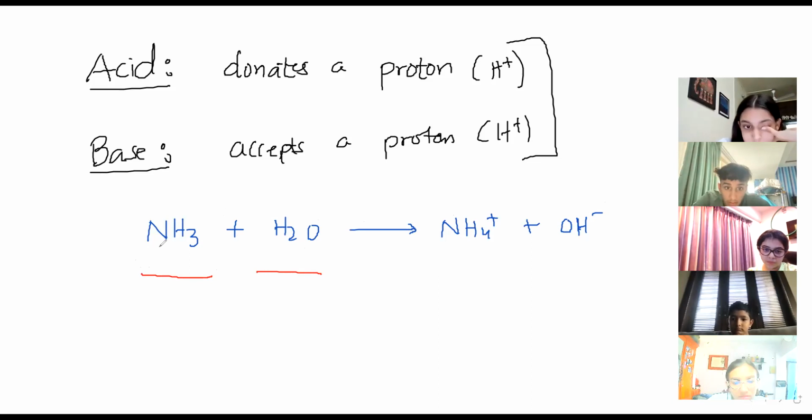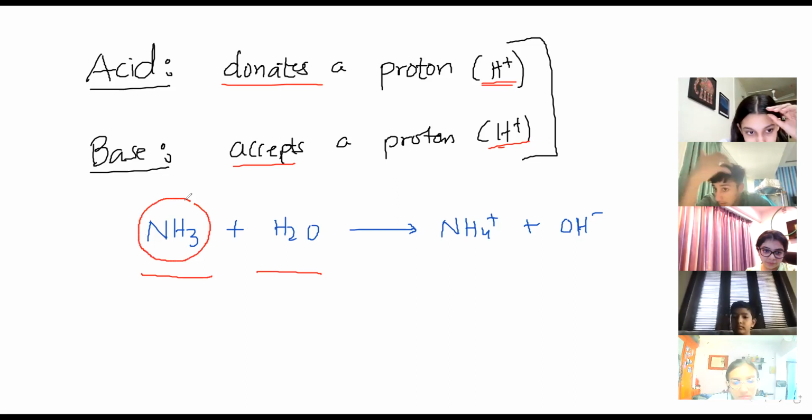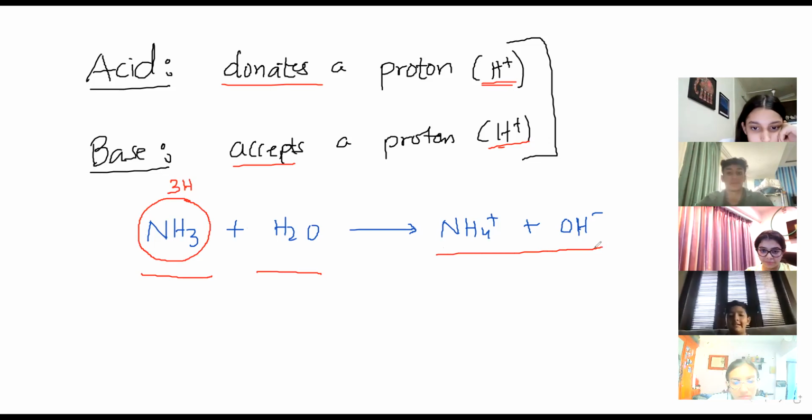Carefully see this. One of them will donate a proton, matlab he will lose H, and one of them will accept a proton, matlab he will gain H. So we need to see this species. How many hydrogens are there in this? 3 hydrogens. Now, where is this species on the other side? The ammonium.